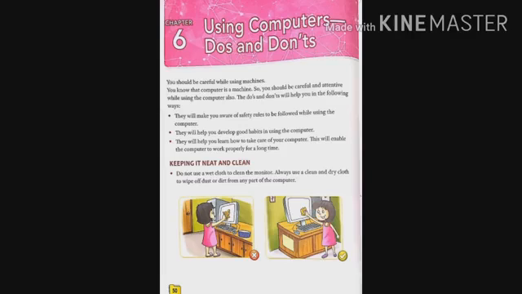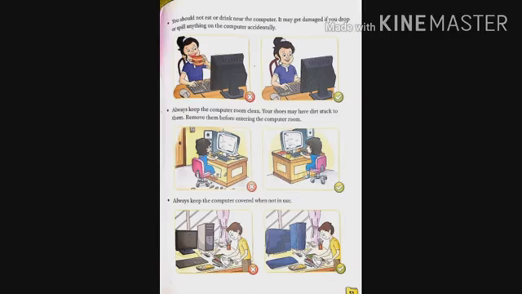Your computer may get damaged. If you drop or spill anything on the computer accidentally, for example, you are drinking Frooti and it falls accidentally, then that computer part may get damaged. That's why you should not eat or drink near the computer.